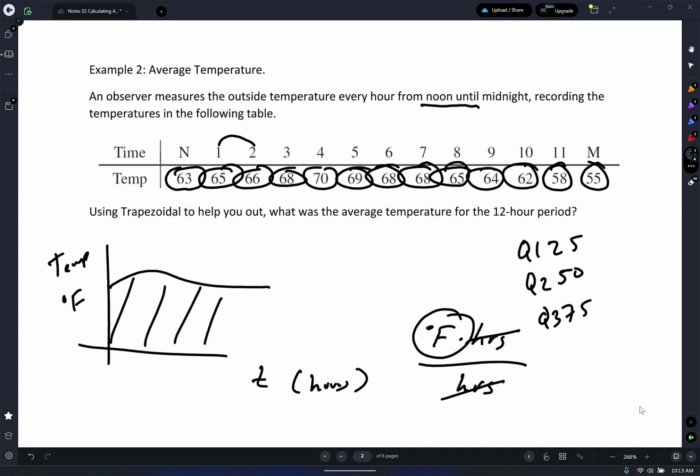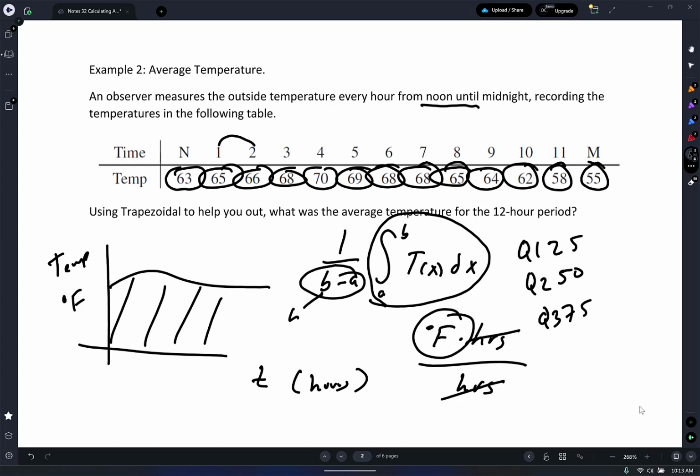So 1 over b minus a, the integral from a to b of temperature, is the area under the curve, giving degrees Fahrenheit times hours. Then b minus a is how much time changed, in hours, and since it's 1 over it, it's like dividing. Degrees Fahrenheit times hours divided by hours, the hours cancel out, and you just get degrees Fahrenheit. Cool or not cool?